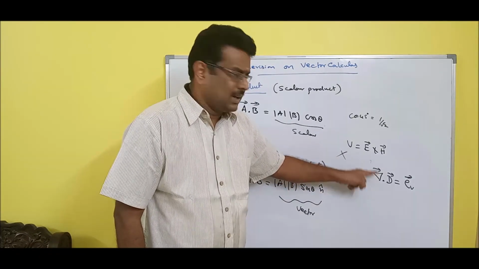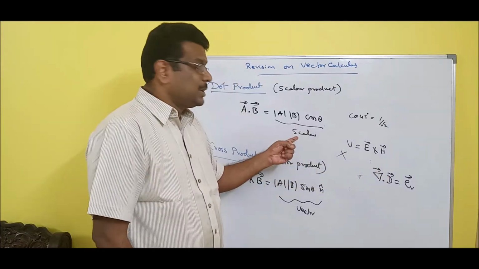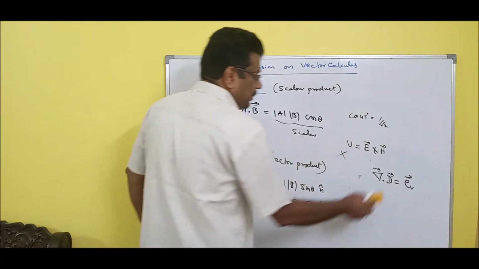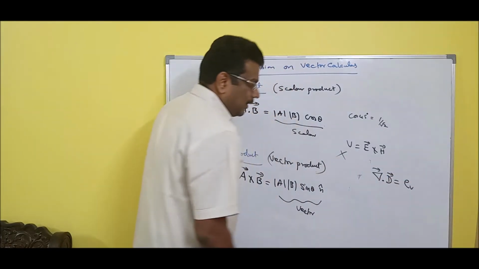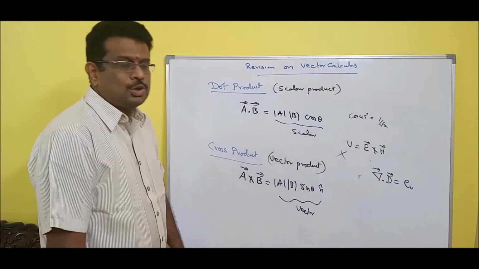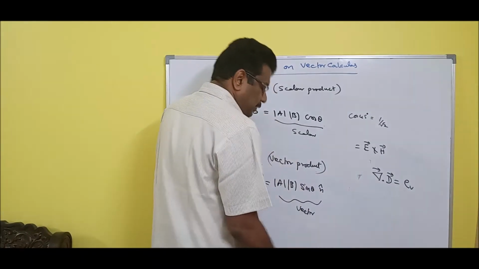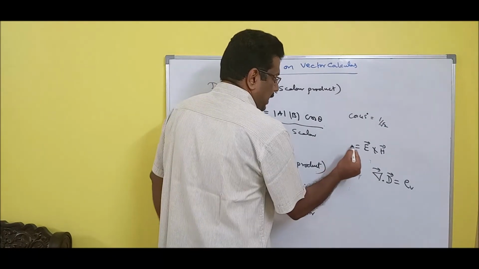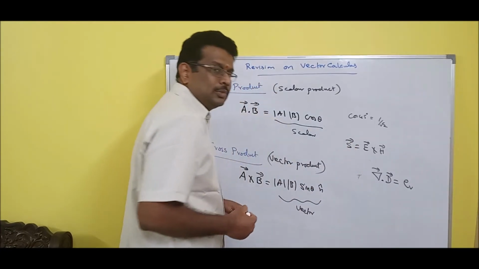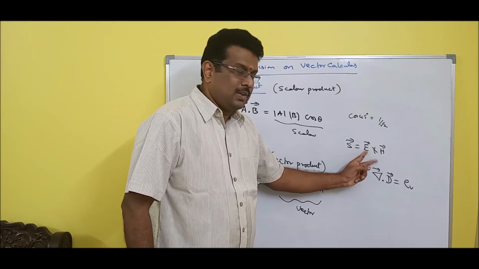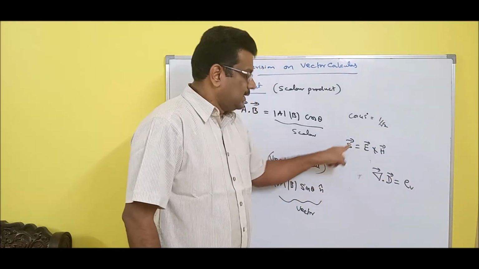Del is a vector, D is a vector. Result must be a scalar. But I made an arrow mark, so it is wrong. So strictly speaking, this is a scalar. When I write this particular formula, it should be del dot D is equal to rho V, scalar. The actual formula, last session I might have made it a vector. So dot product between vectors, cross product between vectors. Result is a scalar, result is a vector.